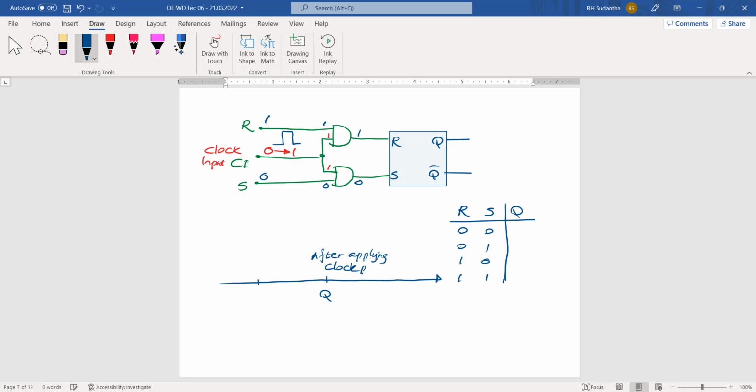Because after applying the clock pulse, only then will this output be changed. When you apply the clock pulse, the R and S values will be transferred to the inside. Then the flip-flop can determine the output value. Until you apply this clock pulse, output will not be changed. So before applying the clock pulse and after applying the clock pulse are clearly two different things.